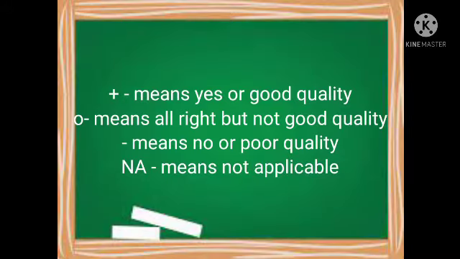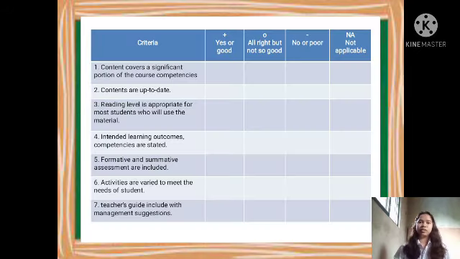Plus means yes or good quality. So 0 means all right but not good quality. Minus means no or poor quality. And NA means not applicable. So first criteria is content covers a significant portion of the course competencies.